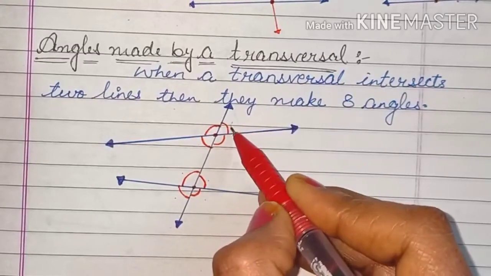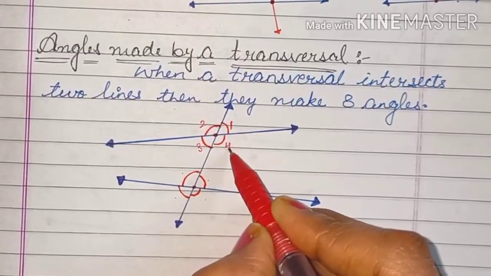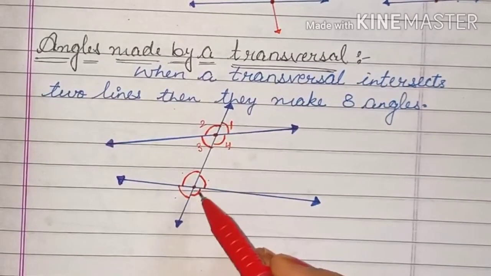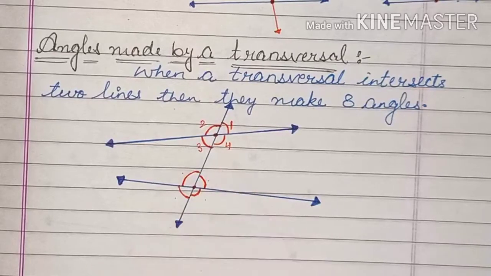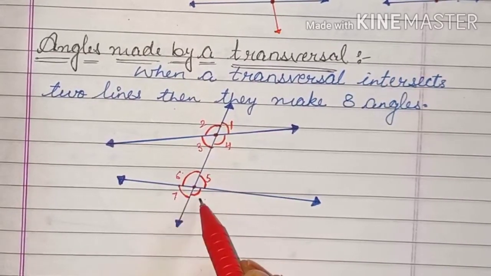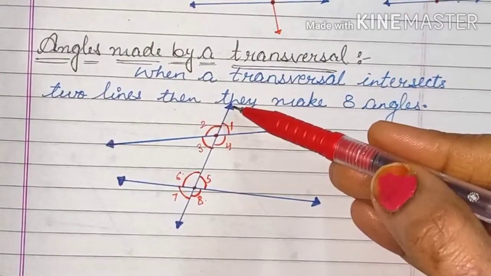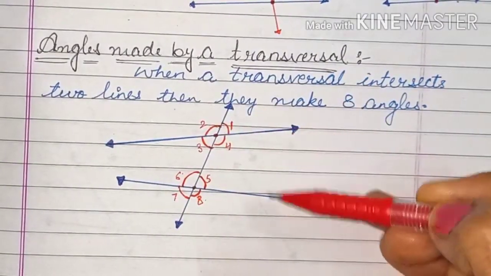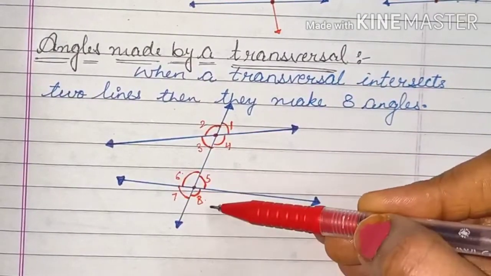Let's name them angle 1, 2, 3 and 4. And when this same line intersects the other line, 4 more angles are formed. Here we can name them 5, 6, 7 and 8. So a transversal line, when it intersects two lines, makes 8 angles: 1, 2, 3, 4, 5, 6, 7, 8.